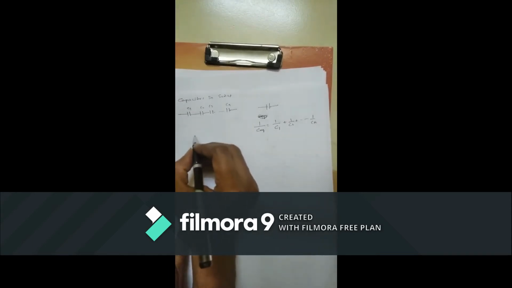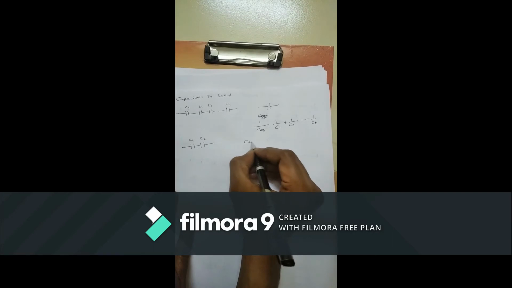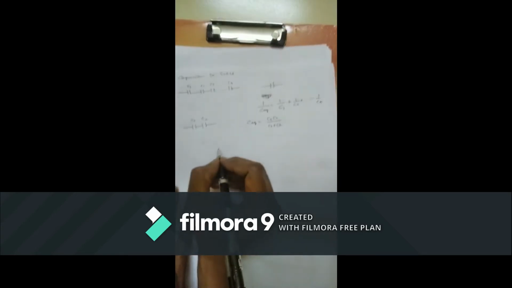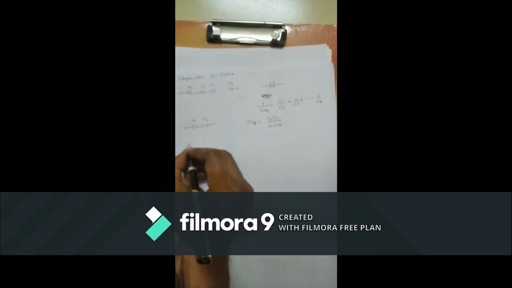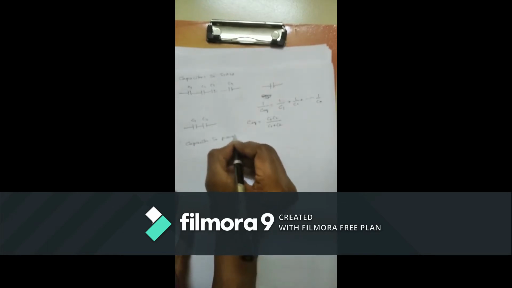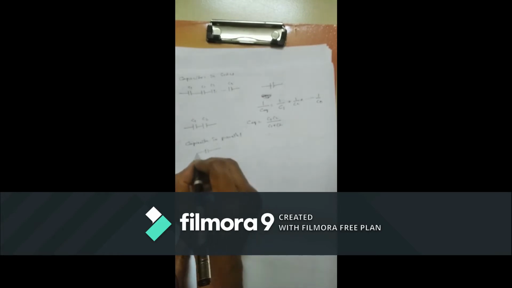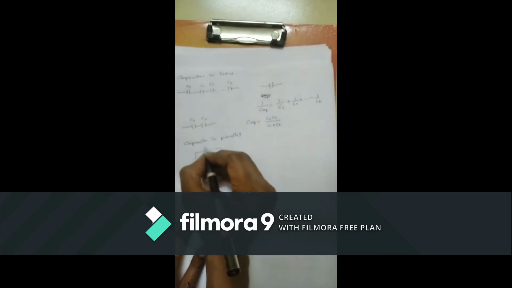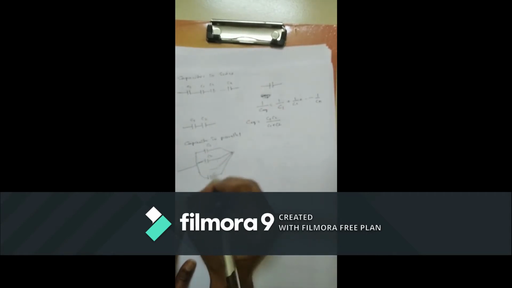Similarly, if only two capacitors are connected in series, then the shortcut to calculate C equivalent directly is C1 C2 divided by C1 plus C2. So this is capacitors in series. Next, suppose capacitors are in parallel. Here I have n capacitors connected in parallel like this: C1, C2 up to Cn.